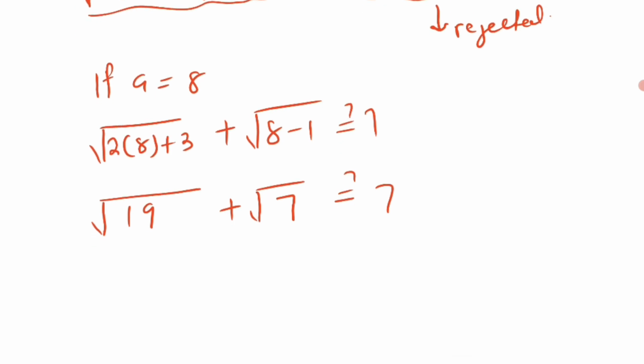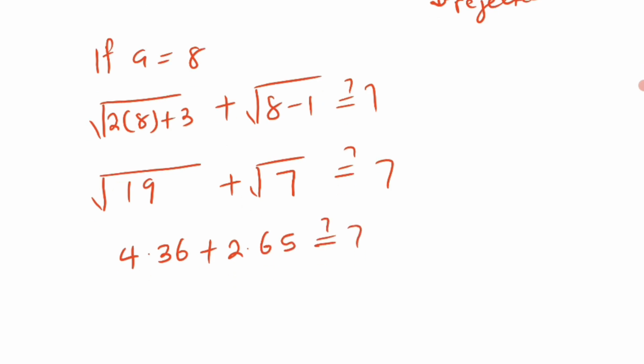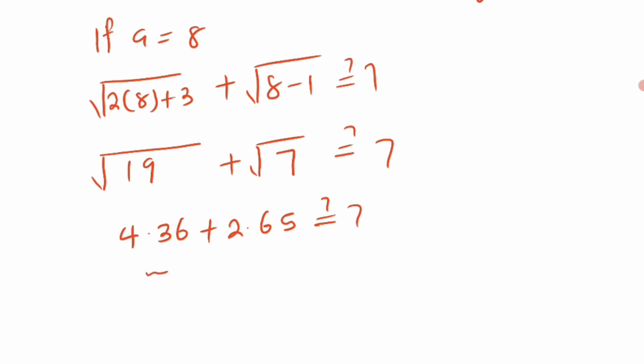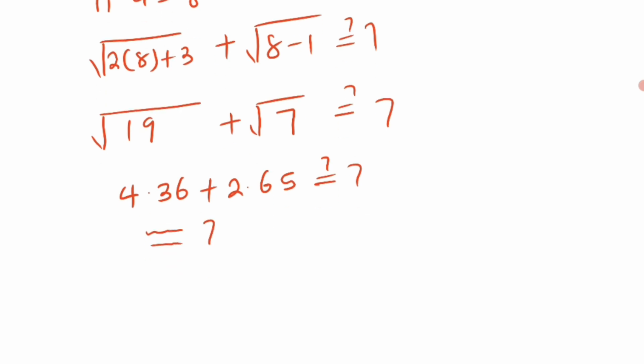And of course, square root of 19 is 4.36 plus square root of 7, that is 2.65. If you add the two together, this is approximately equal to 7. Therefore, the left-hand side is 7 is equal to 7, which is true because this will be equal to 7.01.